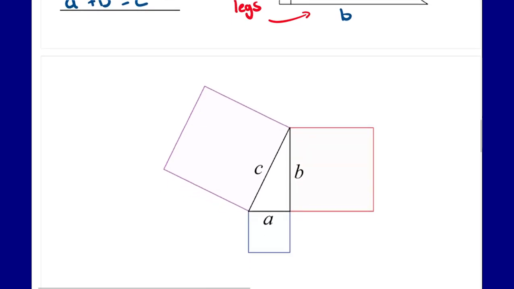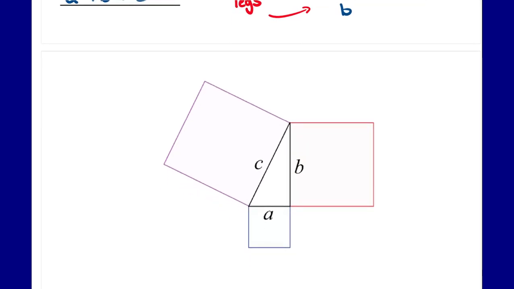One of the ways they confirmed it is by actually making squares off of each side. So if I look at A, if I make a square based off of that side, a square of equal length sides, I could call it A squared. The area of this shape is A squared.